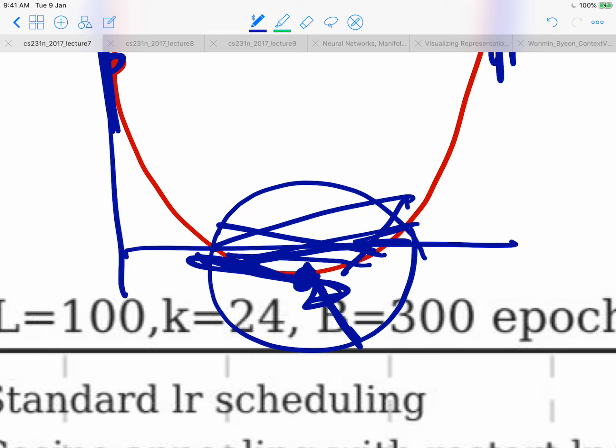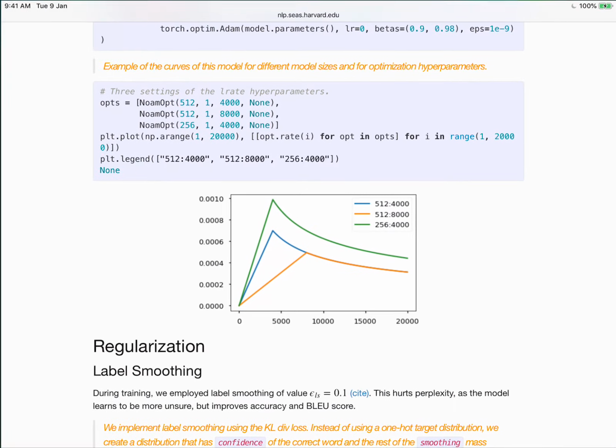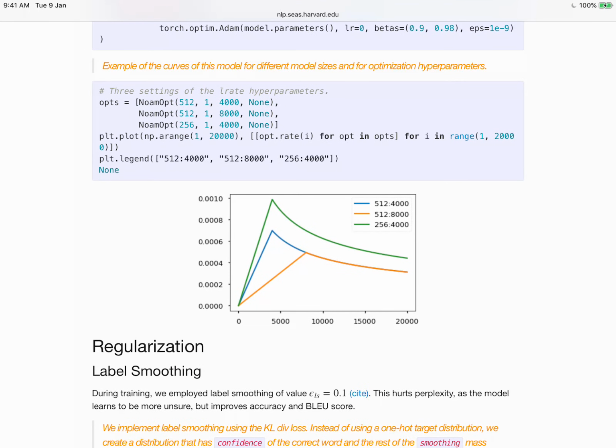So that way we reduce the learning rate. Okay, so this is called the warm-up scheduler of our learning rate. So this is another kind of trick that this method has used.